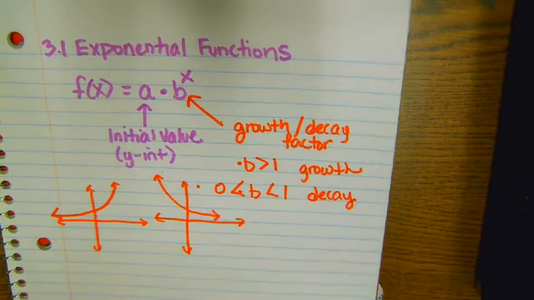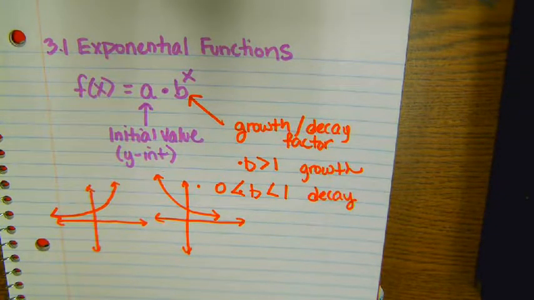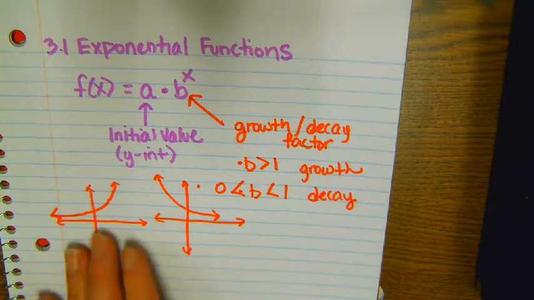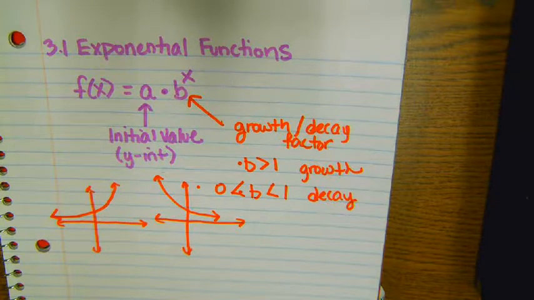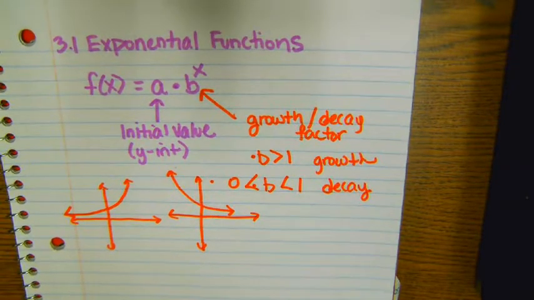Without transformations, meaning if I don't bump it up or down, there is an asymptote. Do you see it? It's a horizontal asymptote at y equals 0. Good. All right, so let's review a couple rules, like I was talking about on the board.